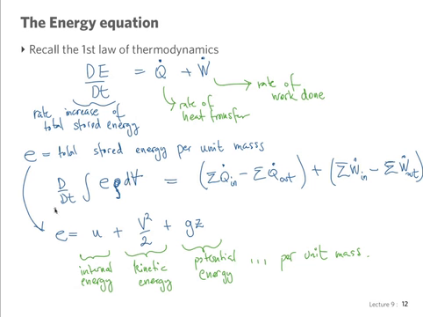So basically the total change of energy in a control volume will be the change of energy inside the control volume with respect to time plus the flow rate of energy through the control surfaces, like we had for the case of momentum.